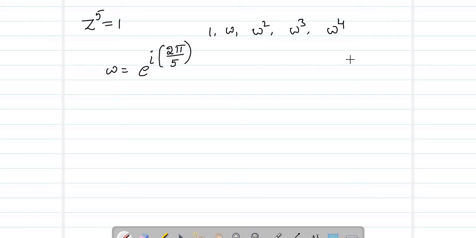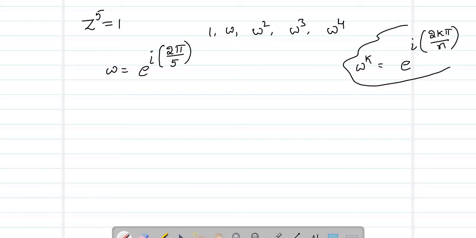So if you are getting confused, you can write the formula. The formula for omega power k is e power i 2k pi by n. Okay, so this is the formula for omega power k.